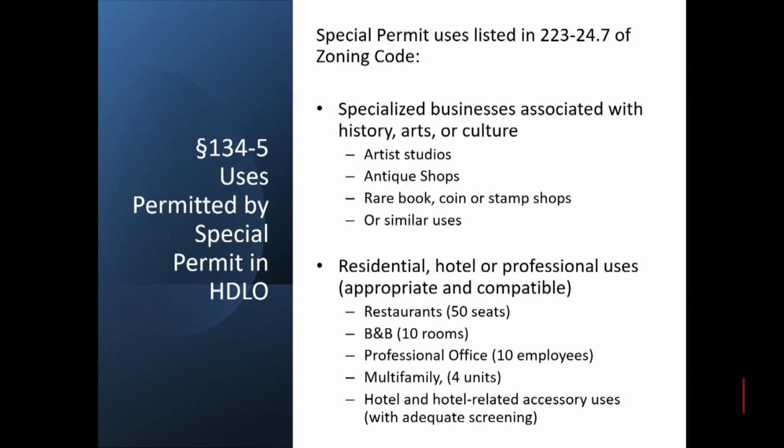This is at the discretion of the planning board, and the planning board must look at the building size, the building's configuration, the nature of the proposed preservation or adaptive reuse of the building, or the historic nature and context of the building and the need for preservation and adaptive reuse. So there is a release valve if somebody is proposing a larger restaurant or a greater number of multifamily units. If the site and the building facilitate that larger use, the planning board has the ability to approve it.